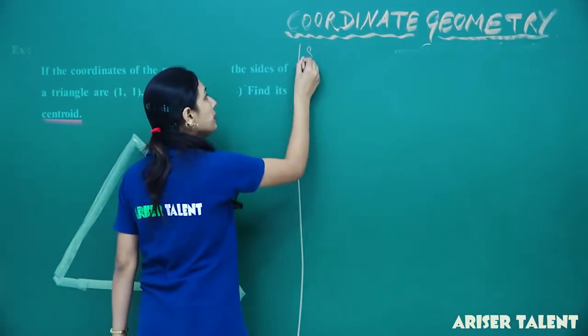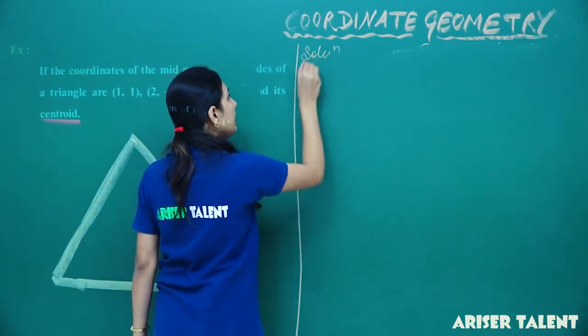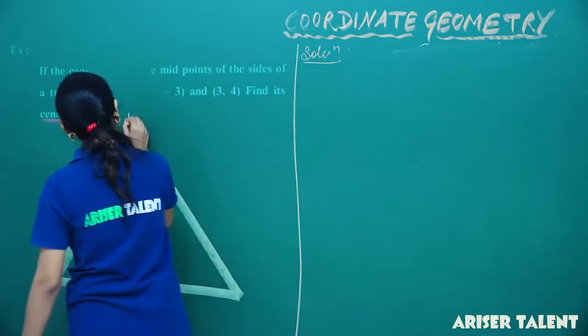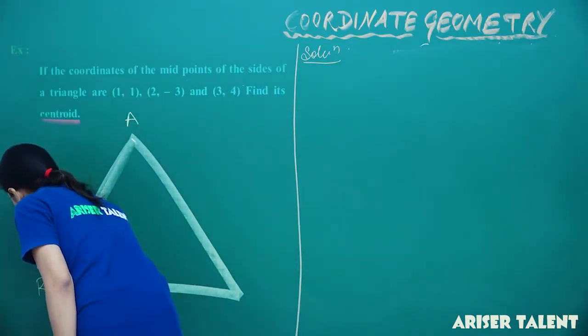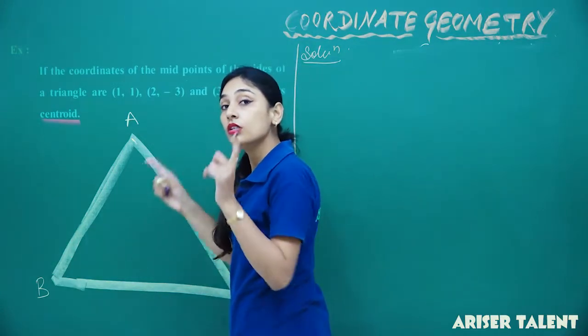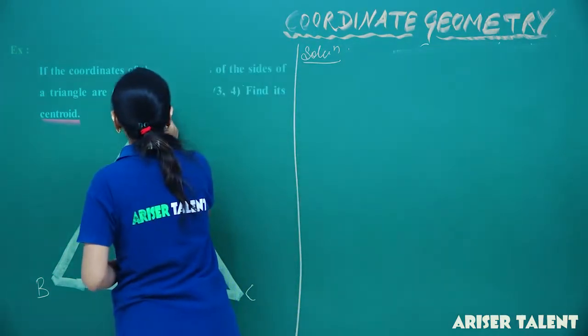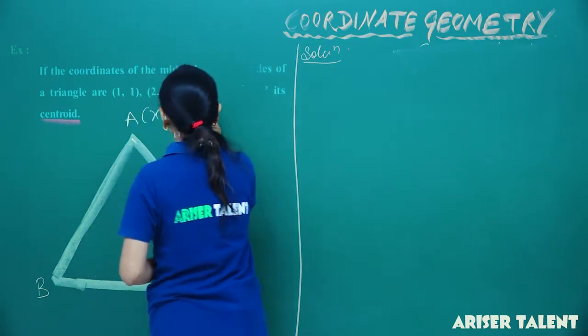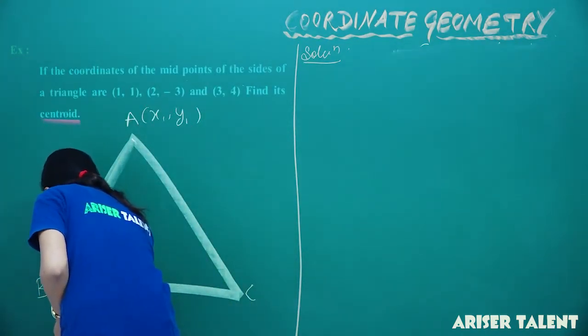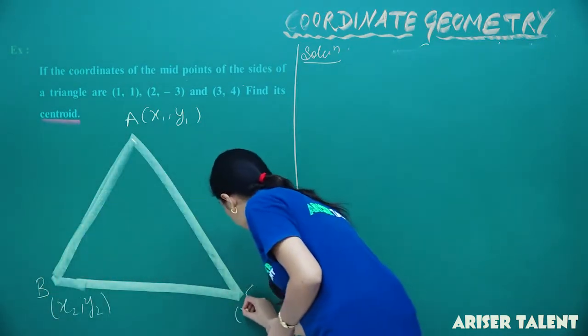So, the solution part, and before the solution, we are going to discuss this: if this is the first point, this is the second point, and this is the third point, now the coordinates are x1, y1, x2, y2, and x3, y3 here.